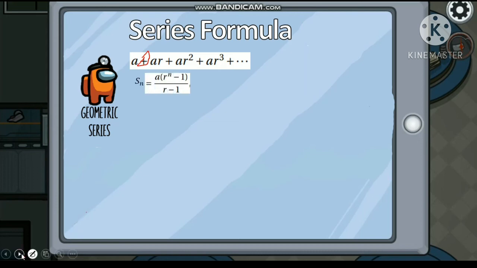And then the formula is Sn equals a times r to the power of n minus 1, divided by r minus 1.